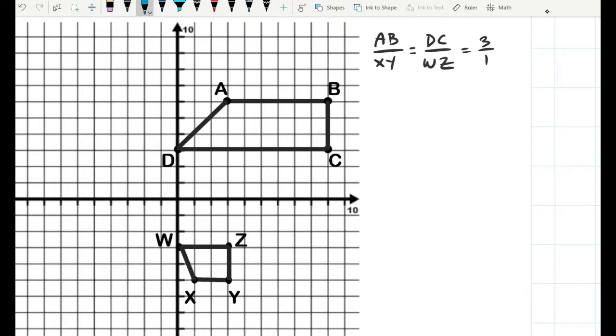So we check first AB over XY. AB is 1, 2, 3, 4, 5, 6 units, so the side length of AB is 6. XY is 2. We can reduce it by 2, and that gives us 3 over 1. So far this is true.